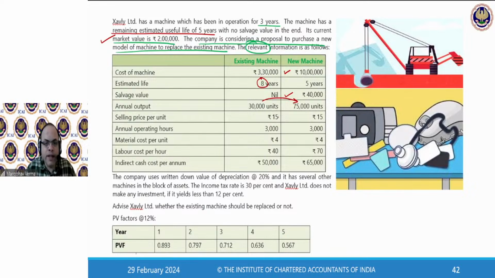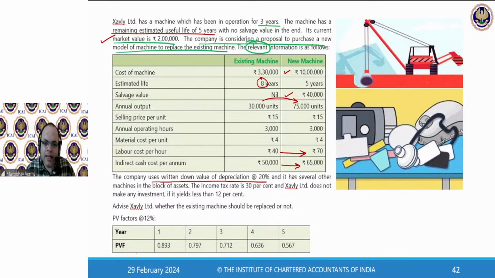Selling price per unit is 15. Annual operating hours. Material cost is the same, but labor costs have increased though. Probably because of the advanced machine, you might need advanced or skilled labor. That's okay. And indirect cash cost is also increasing. So you have additional benefits, but additional cost also. And the company uses return on value of depreciation at 20%.